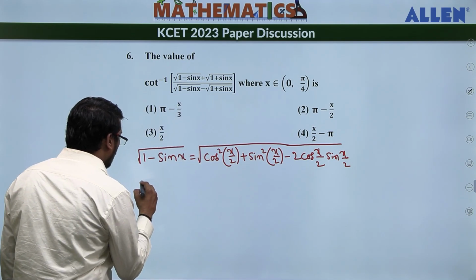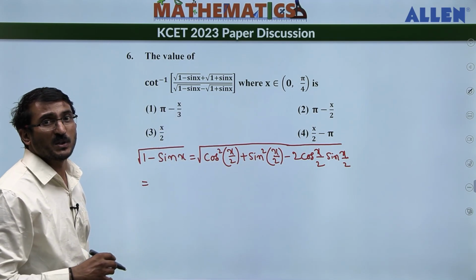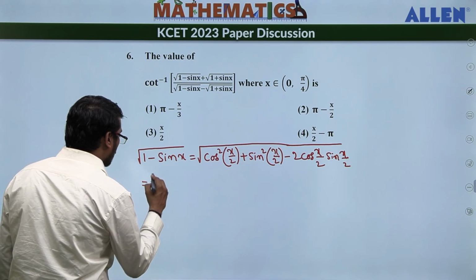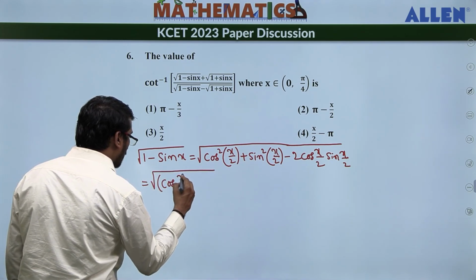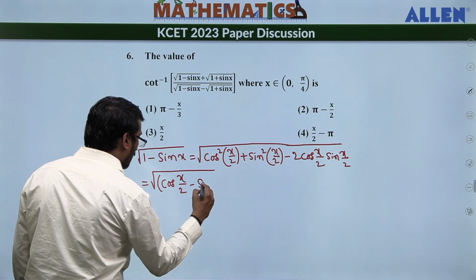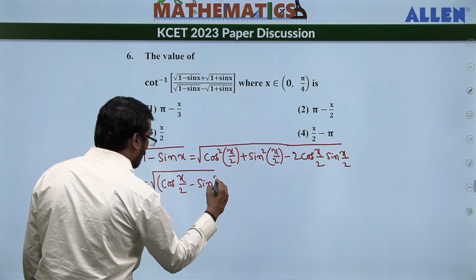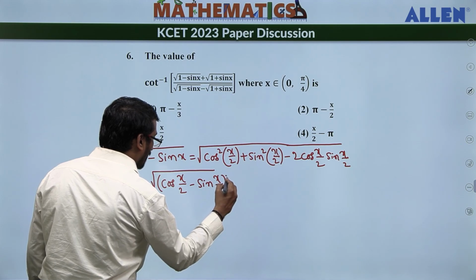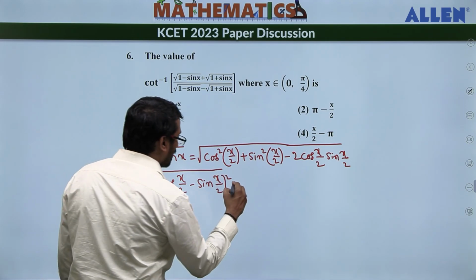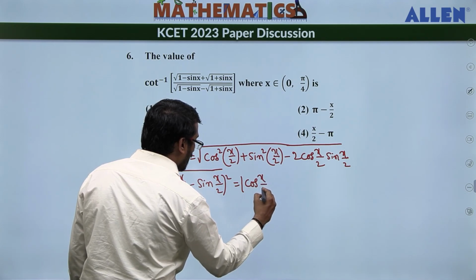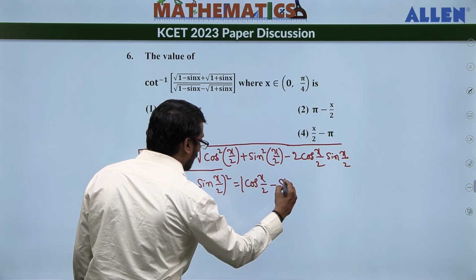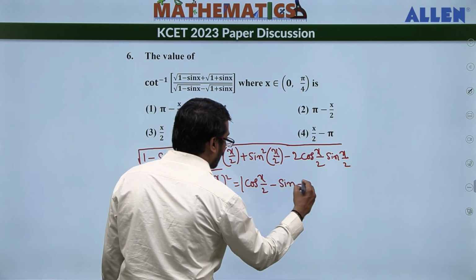Now root of a square plus b square minus 2ab is root of a minus b whole square, modulus of cos x by 2 minus sin x by 2.